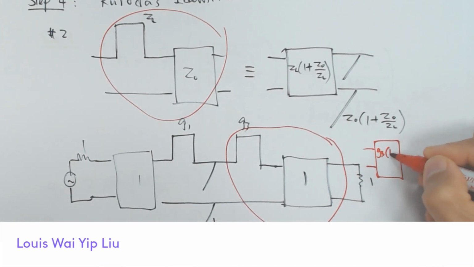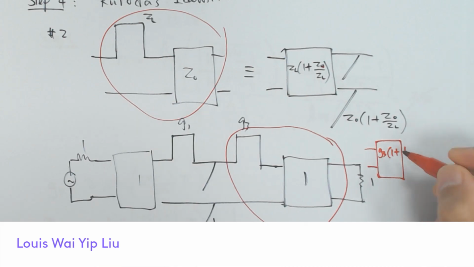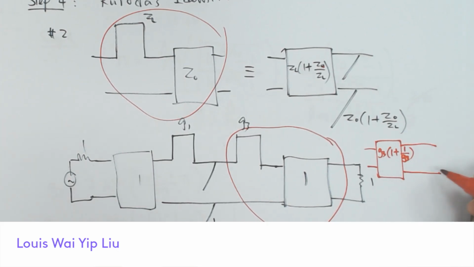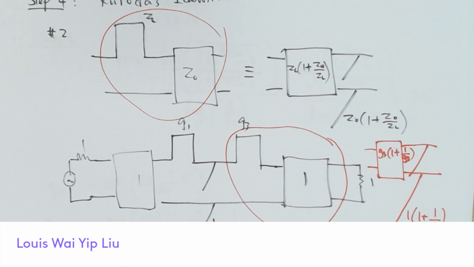And then 1 plus Z0 is 1, ZL is G3. And we will eventually end up with a parallel open circuit stub, and Z0 here is 1, and 1 plus 1 over G3. So this is the idea.